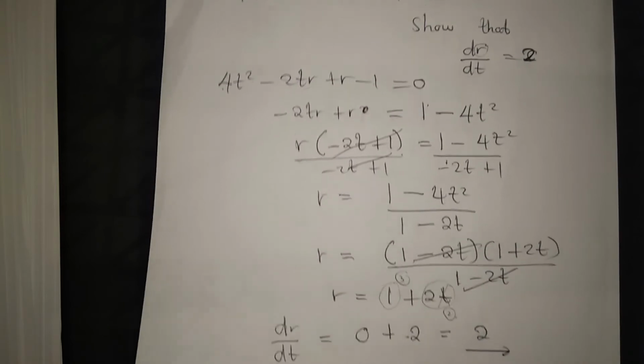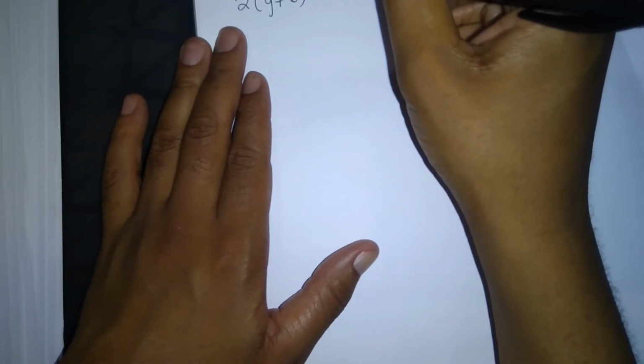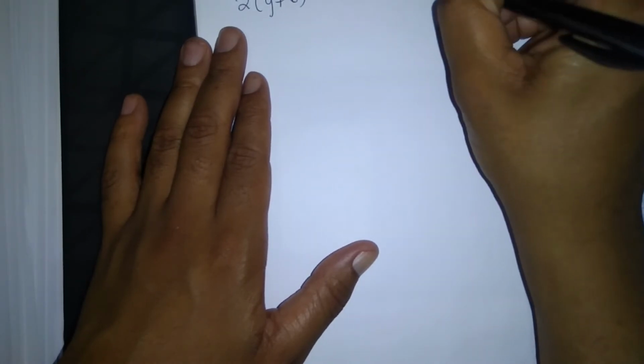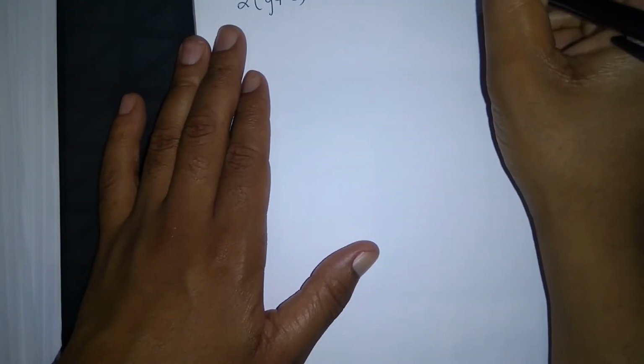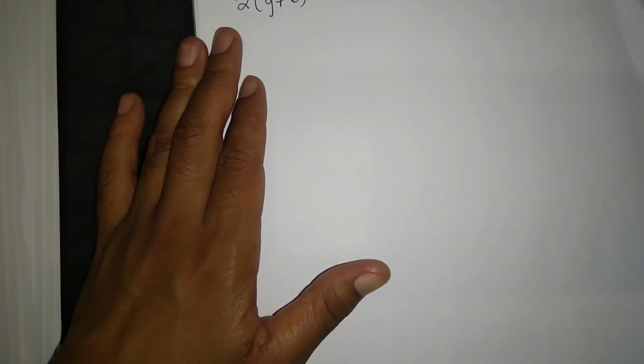Now for the final one, question D. We have 2 bracket y plus 6 minus 12x squared is equal to 8x minus 4 bracket x minus 1 bracket x minus 1.